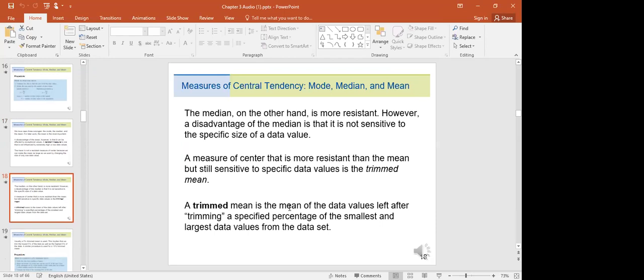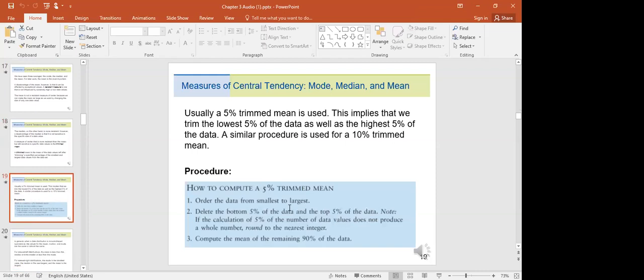So in order to resolve that problem for the mean, which generally is more useful in computation than the median, we can trim the values by removing the outliers, those extremely large or extremely small numbers. So for example, we can make a 5% trim.